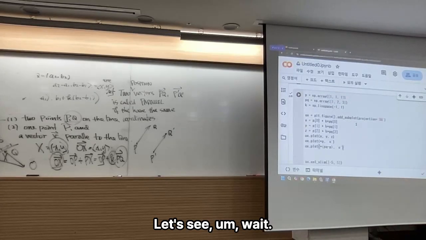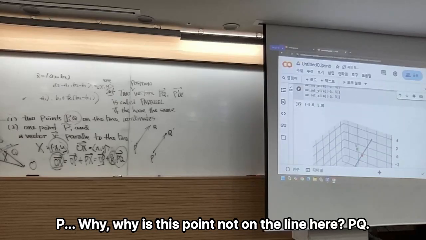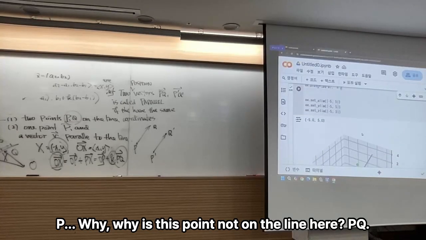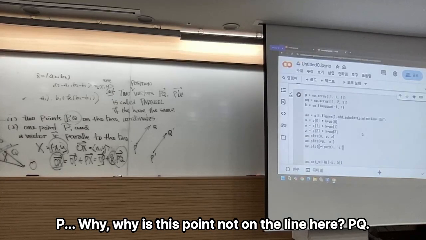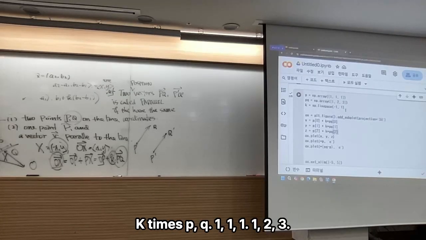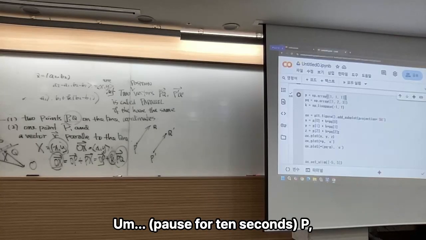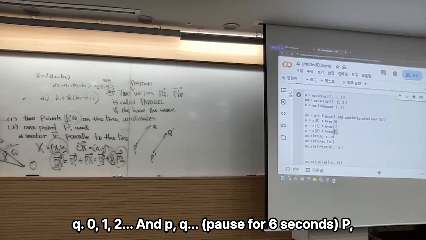Wait, why is this point not on the line here? K times PQ, 1, 1, 1, 1, 2, 3. PQ 0, 1, 2.